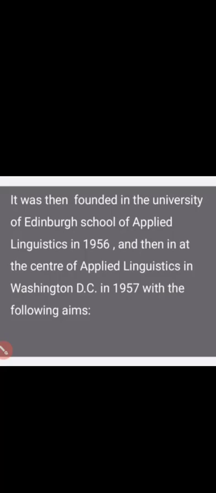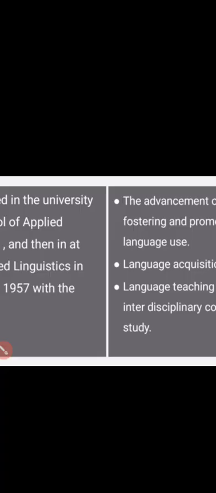These were the aims: the advancement of education by fostering and promoting the study of language use, language acquisition, language teaching, and the fostering of interdisciplinary collaboration in this study.